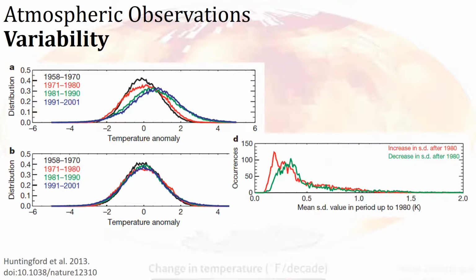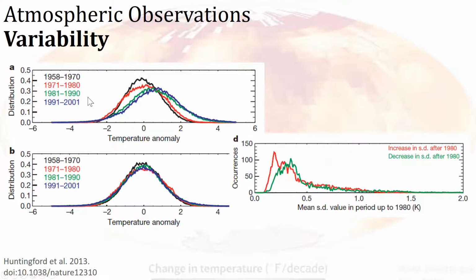Even if the baseline shifts and no longer are we getting down to 30 as the low, we're getting to 35 and we're going up to 65. That's a shift in the baseline, but it's not a shift in the variability, right? We're not increasing the width of this bump, right?